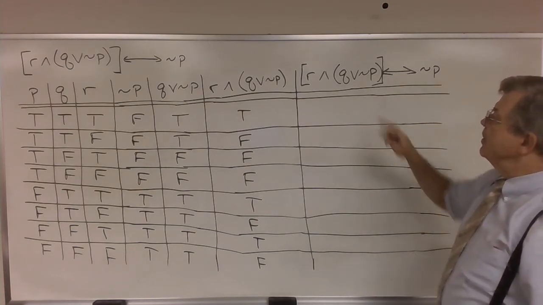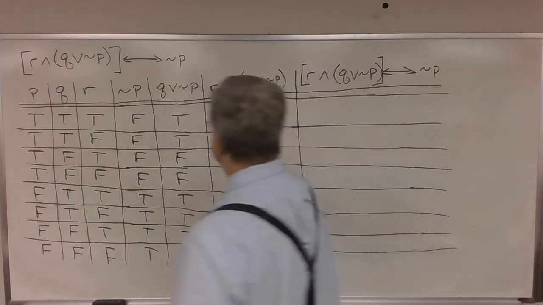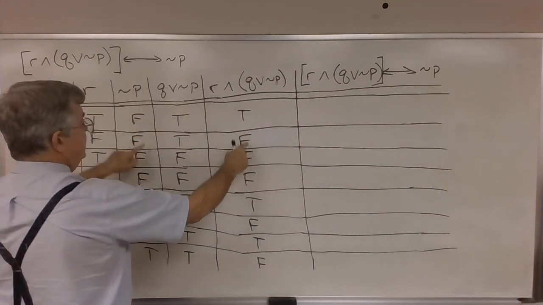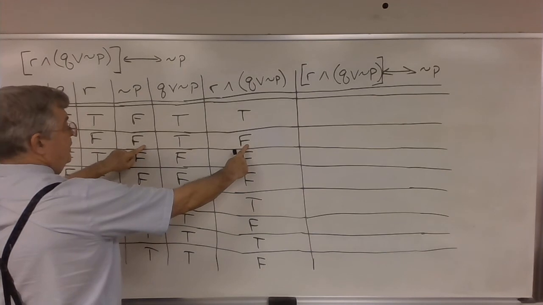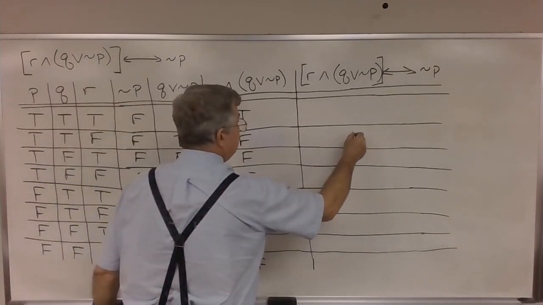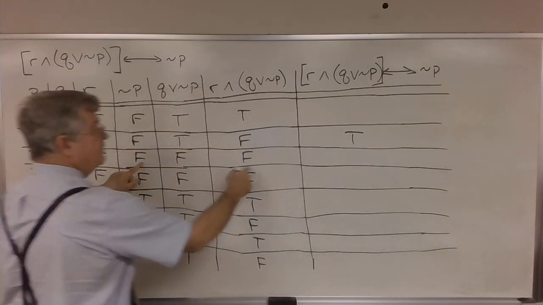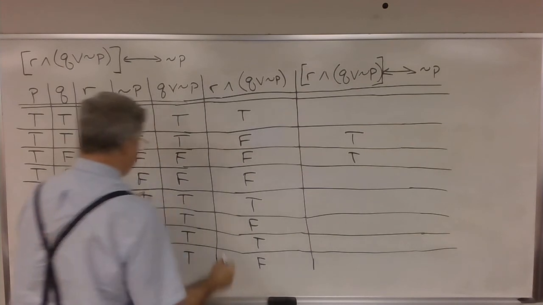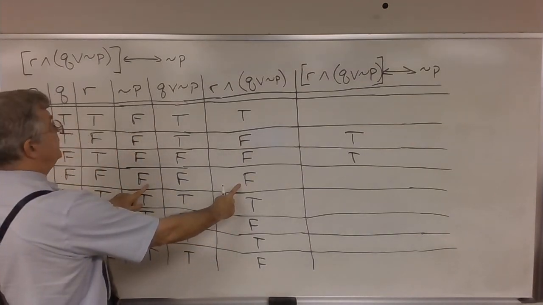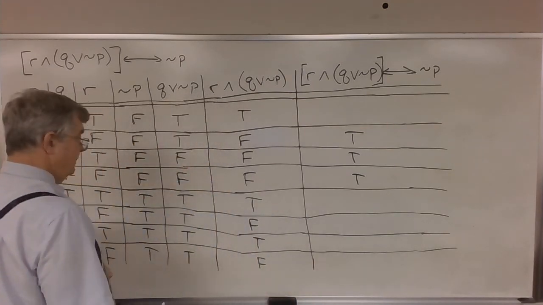So let's look for when this thing is true and when not P is true. Oh, doesn't happen here. But here, well, they're both false. They have the same sign. So we get a true. Here they're false again. They have the same sign. So we have a true. They're false here. So that makes the entire statement true.